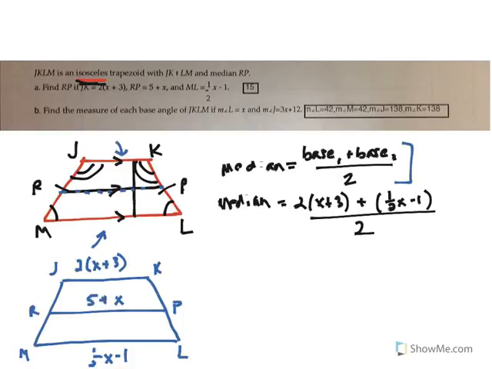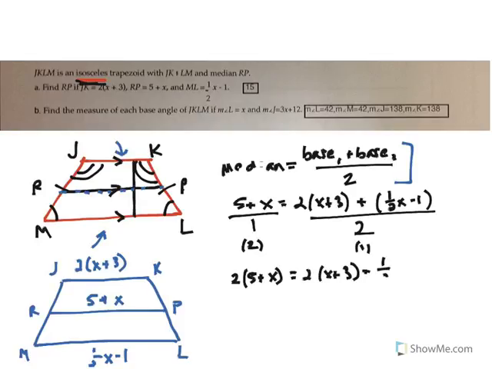So we can substitute that in where we put the median. So we have 5 plus x over 1, this one over 2. We get 2 times 5 plus x equals 2 times 2x plus 3 plus 1/2 x minus 1.